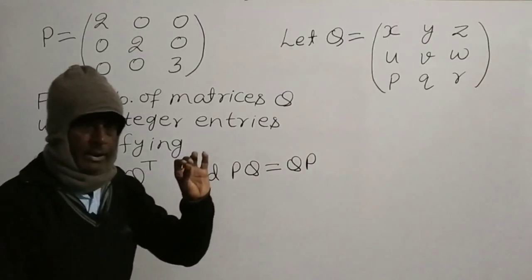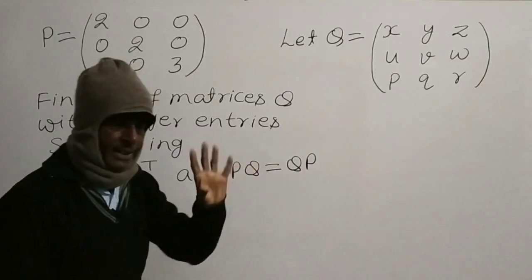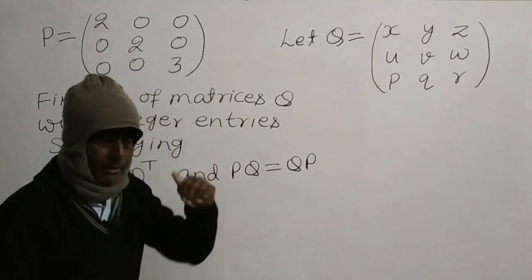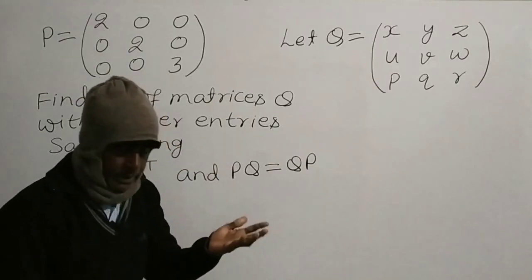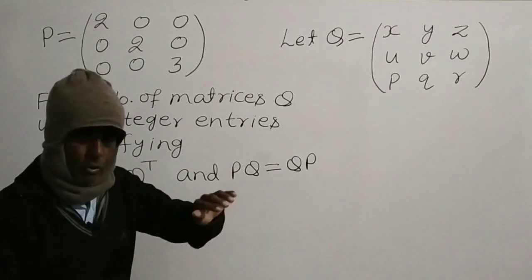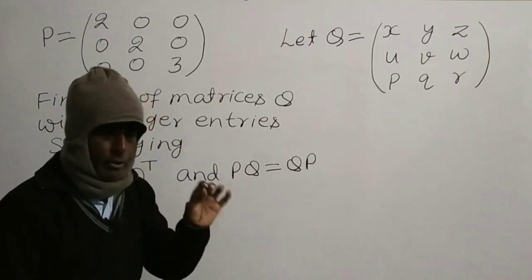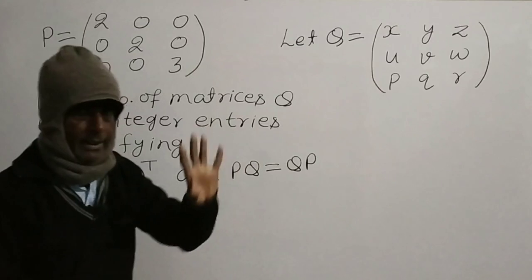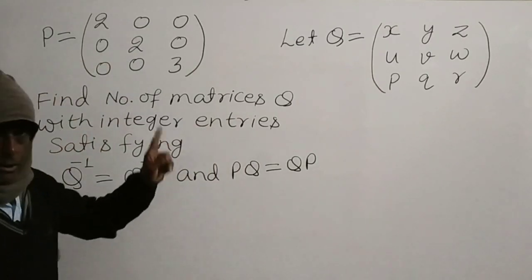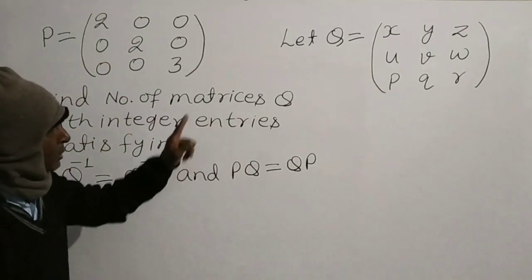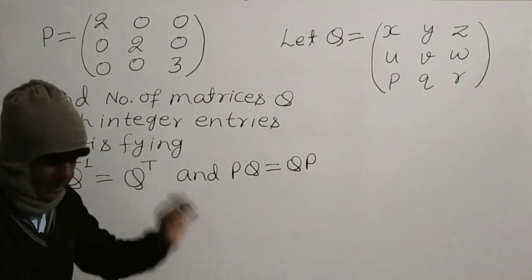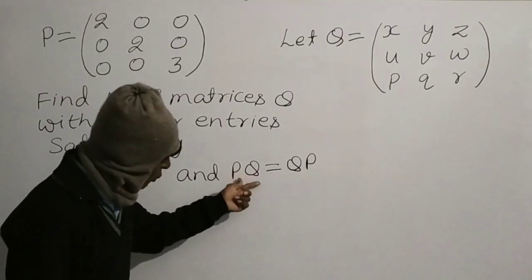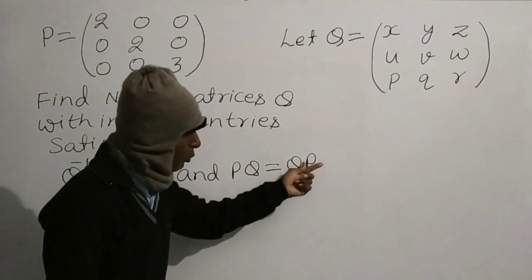But in the situation of matrices, matrix A times B can be equal to or cannot be equal to matrix B times matrix A. But the question says that Q is such a matrix that PQ is equal to QP.